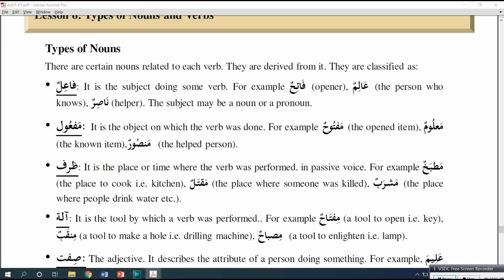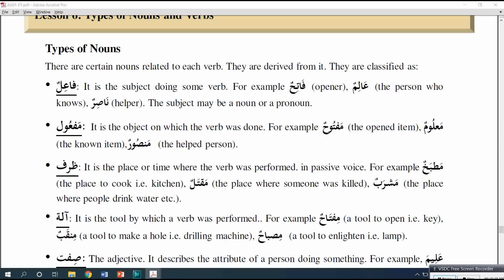The kitchen is not taking some action, and no action is taken against it, but simply it is the place where people cook what they want, or drink or do something like this.